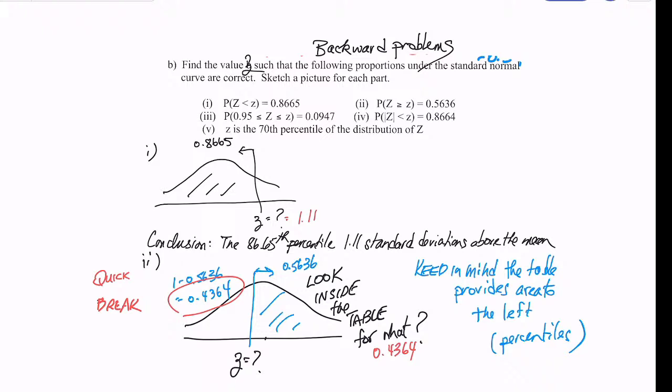All right, I'm back. What is the answer? So what I have to do is, very good, I go into the table and I look inside the table for this number, 0.4364.